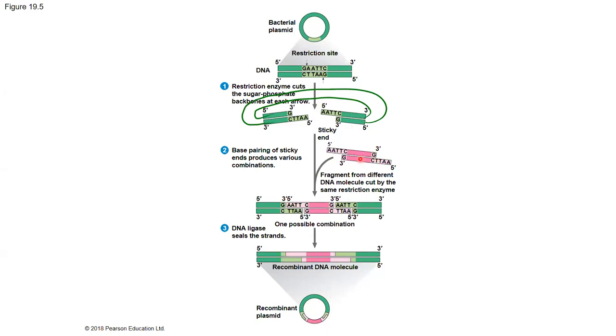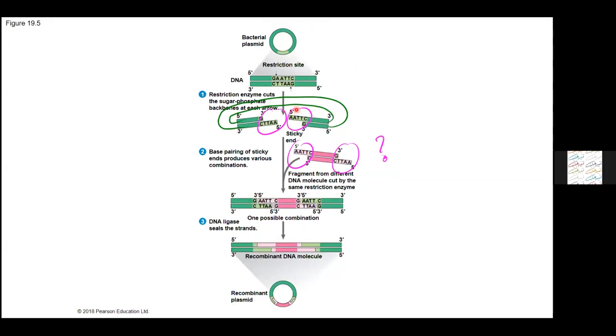And now we have to cut this fragment with the same restriction enzyme to generate compatible sticky ends. So my question is, how can we get a DNA fragment that has two restriction sites on both ends? Where do we get this fragment that we use for cloning?